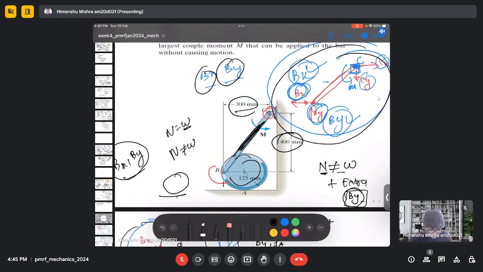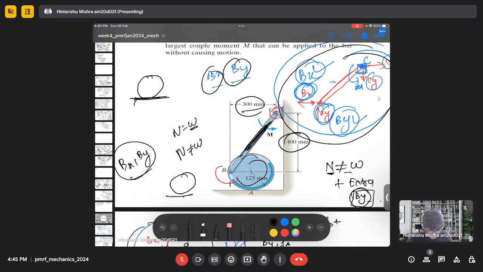Because if you have a disk which is at rest, there will be a normal reaction and there will be a weight. The amount of this normal reaction will be due to this weight plus some other extra forces, which in this problem is due to the reaction force at B, which is By.